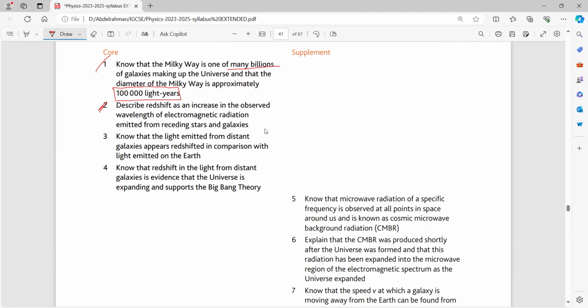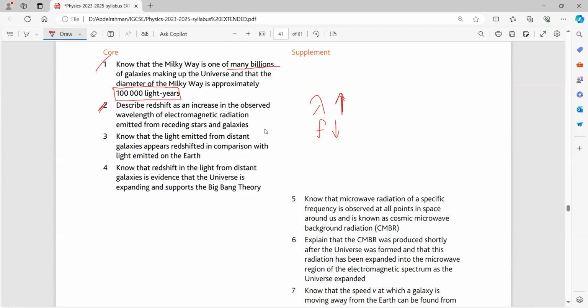Now, when the scientists observed the very distant galaxies, they found that the light being produced from these very distant galaxies was red shifted. What do they mean by red shifted? It means that the wavelength increased and the frequency decreased.